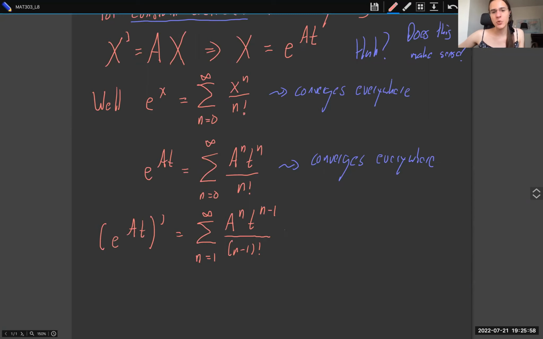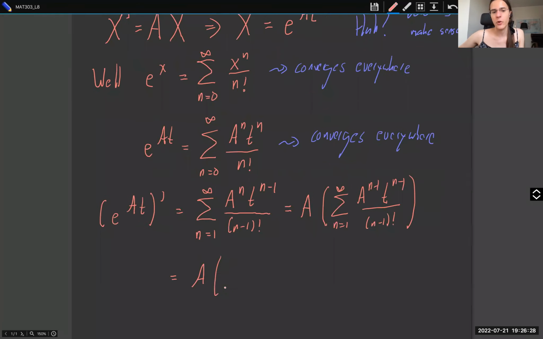But now what we can do is we can just take out a multiple of A from outside of this. And then we're going to get the sum from n equals 1 to infinity of A to the n minus 1, t to the n minus 1 divided by n minus 1 factorial. And what we can do now is we can just shift all of the indices, make it a sum from n equals 0.